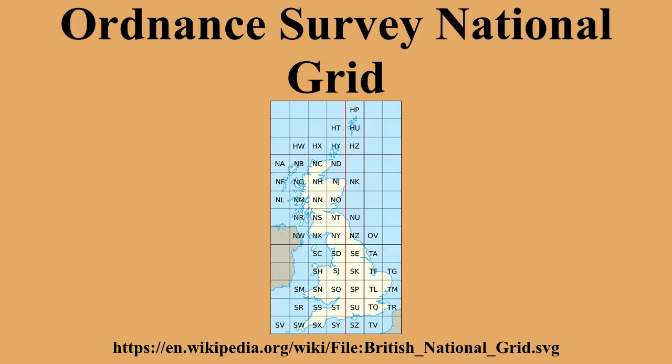A number of different systems exist that can provide grid references for locations within the British Isles. This article describes the system created solely for Great Britain and its outlying islands. The Irish Grid Reference System is a similar system, created by the Ordnance Survey of Ireland for the island of Ireland.